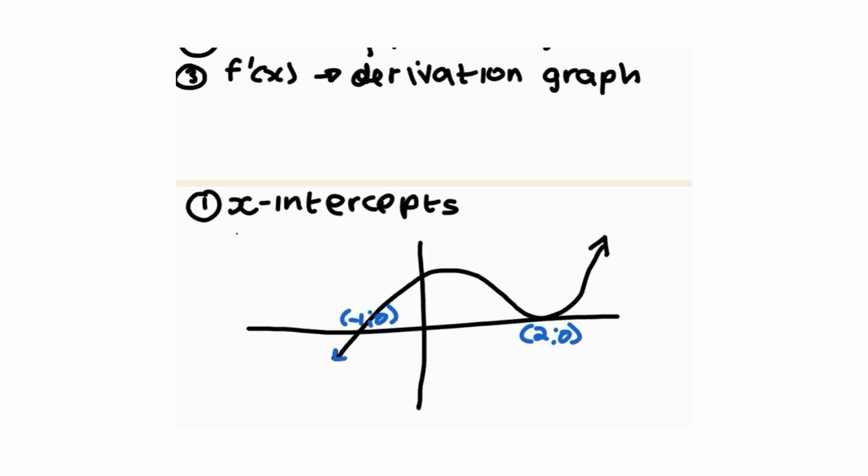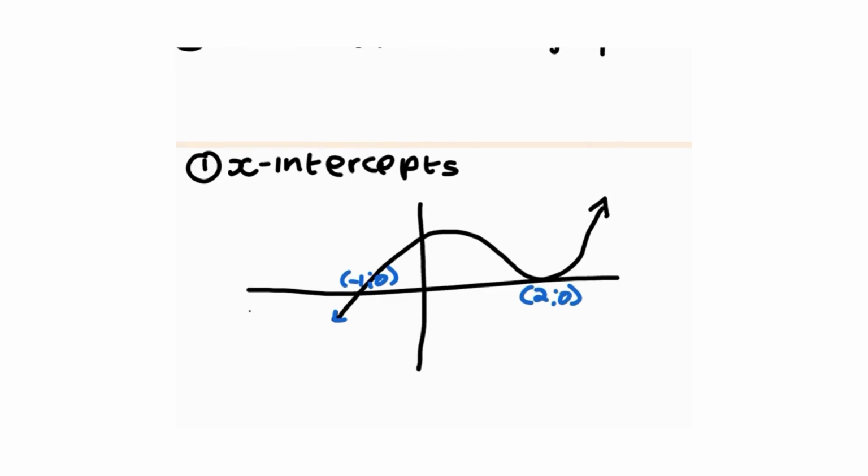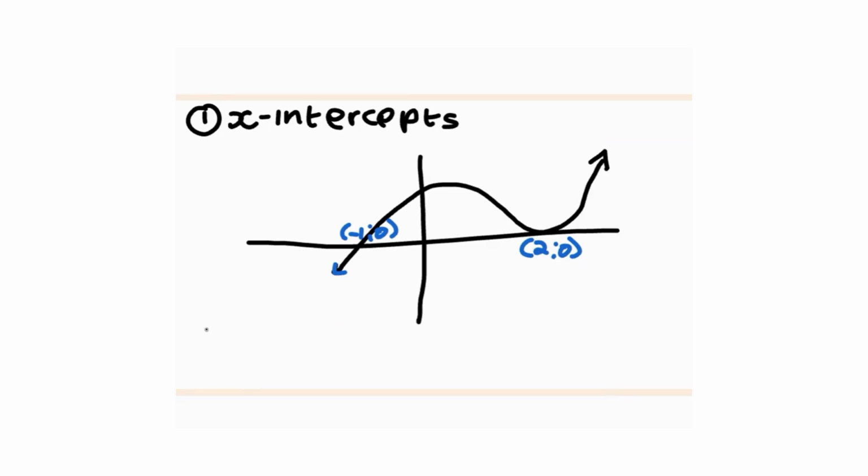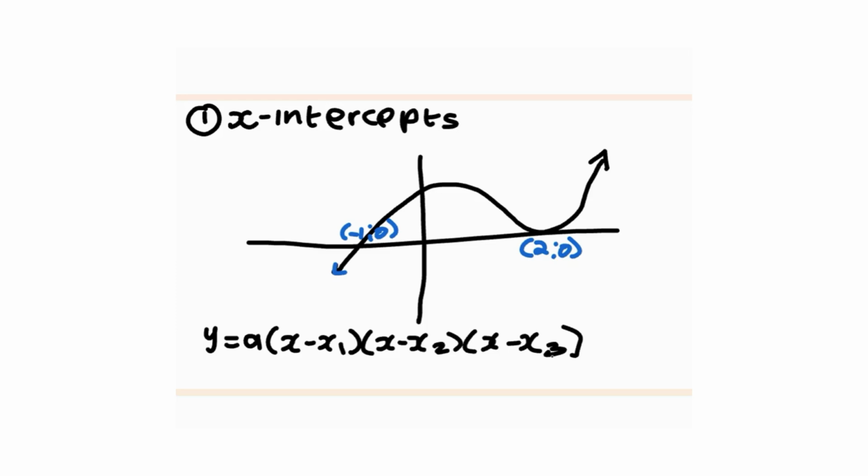The equation that goes with your x-intercepts would be y equals a(x minus x1)(x minus x2)(x minus x3). Because remember, when we were factorizing to find the x-intercepts, you ended up with 3 brackets which you equated to 0.